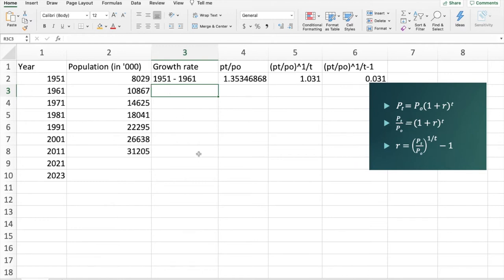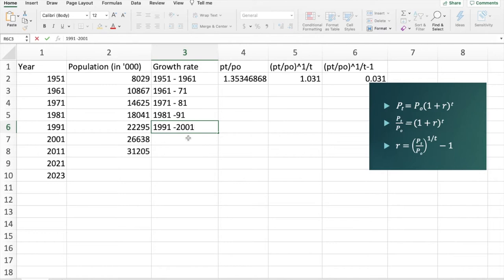Similarly, we can calculate the other years, 61 to 71, 1971 to 81. So we can do one by one also, no problem. Suppose equal to between 71 and 81.